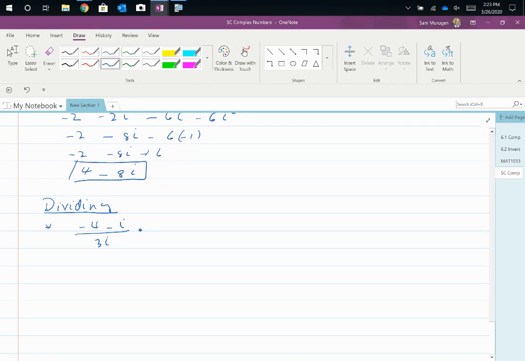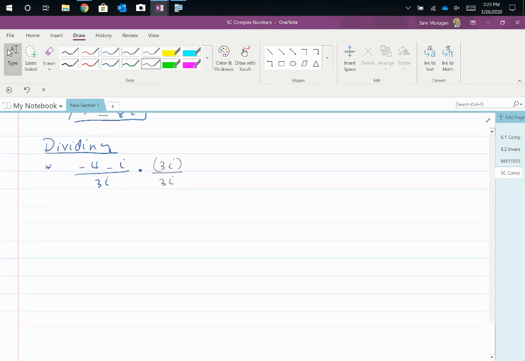The process is similar to rationalization, where we multiply both numerator and denominator by 3i, because we need to clear that i from the denominator. So this becomes 3i times negative 4 minus i over 3i times 3i.